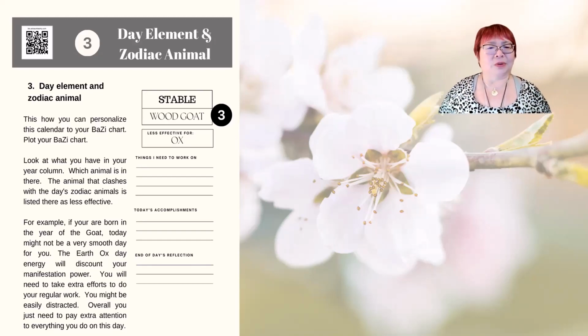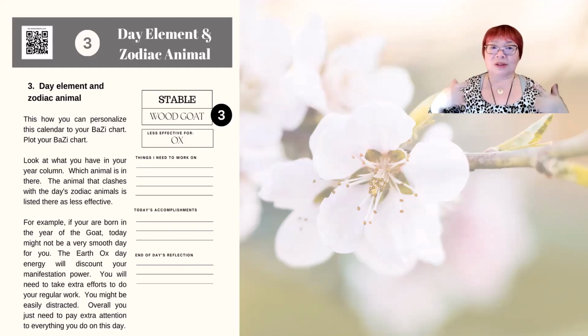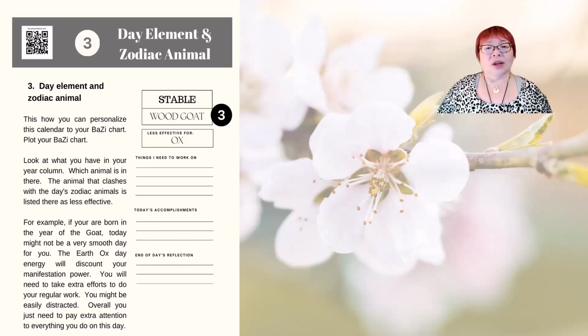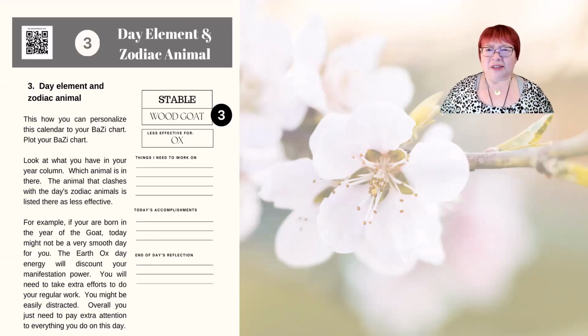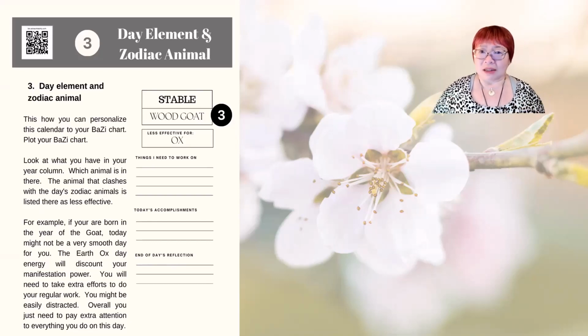It'll recycle, it'll repeat itself every 60 days. So for example, if you are born in the year of the ox, today would not be a very good day for you, as in effectiveness, because it's a goat day, and goat and ox clash.